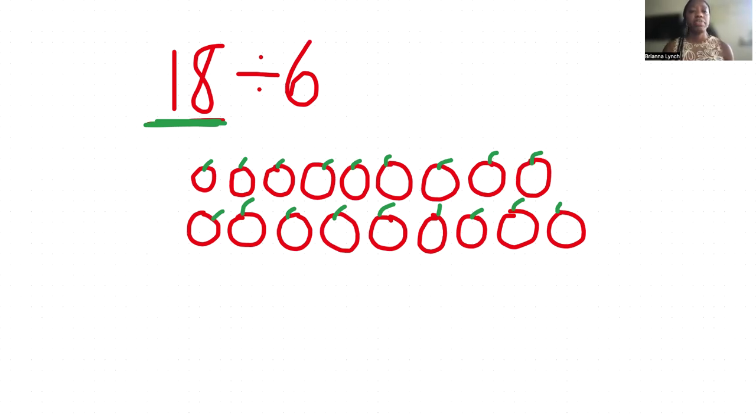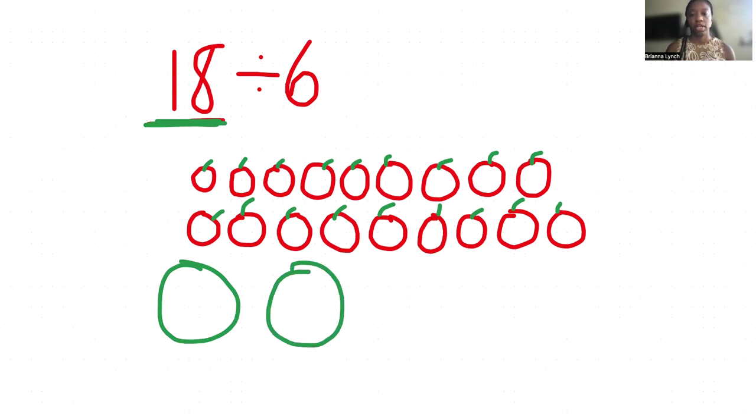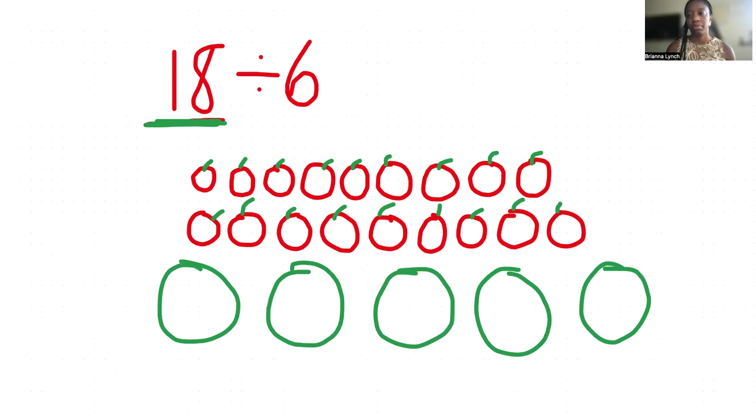So we have to make 6 groups. 1, 2, 3, 4, 5. And that's my last group.